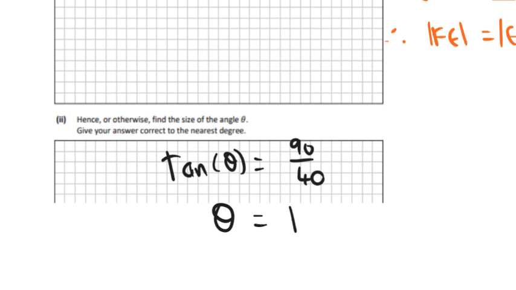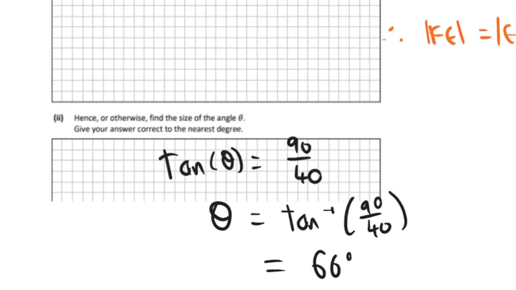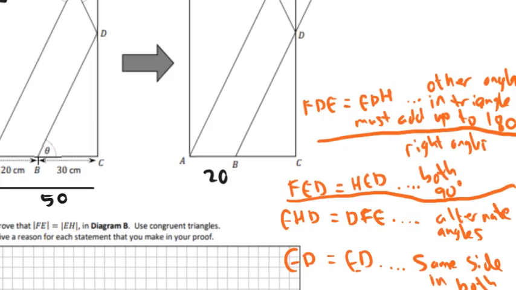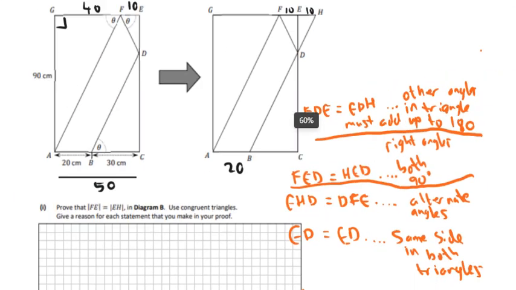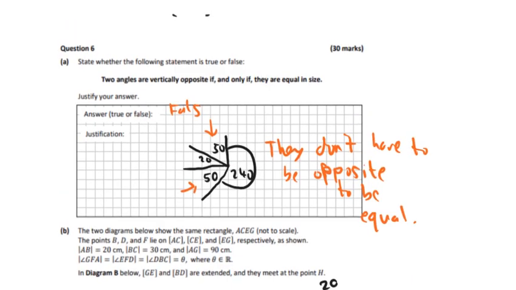So theta equals tan inverse of 90 over 40. And that's going to be 66 degrees to the nearest degree when you round it off. So that's all you have to do for that question. It's not too bad. It looks a little bit more awkward than it actually was, but that's it for question 6.